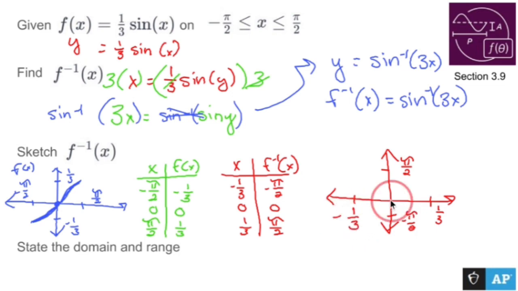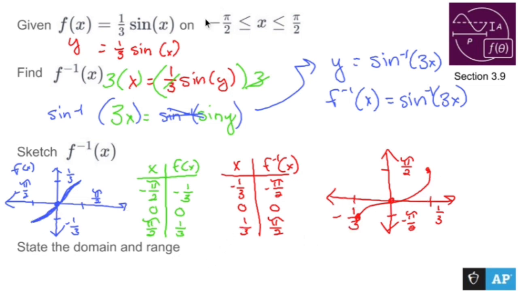I have that 0, 0, that dot right there poorly drawn, and that dot right there poorly drawn. And this is going to be the shape we come up with. So that is the graph of its inverse. Very similar, but if I were to draw a perfect diagonal there, this would flip and that would flip, and that's what's happening there.